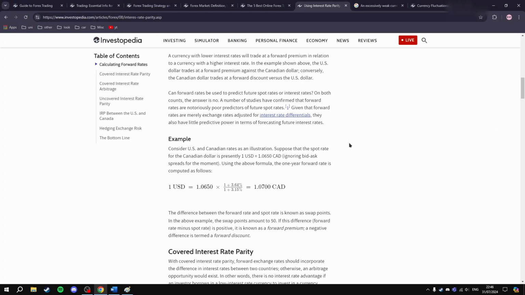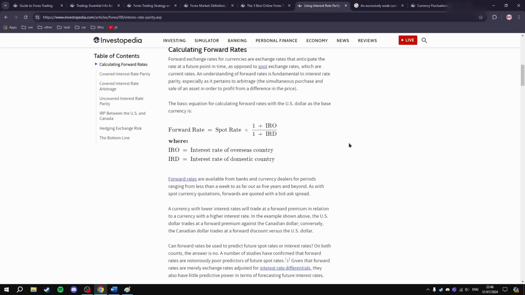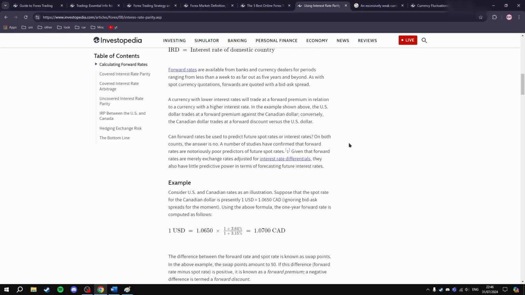In the example shown above, the US dollar trades at a forward premium against the CAD. Conversely, the CAD trades at a forward discount versus the USD.